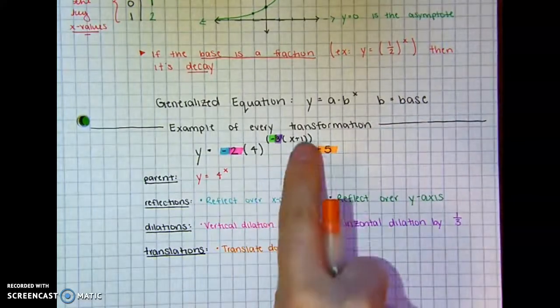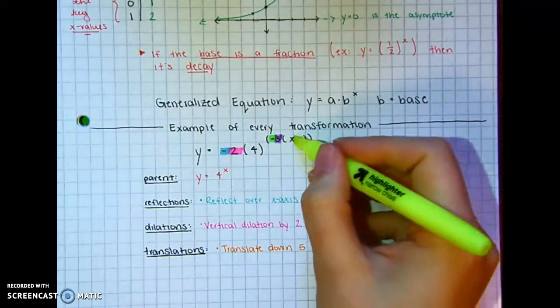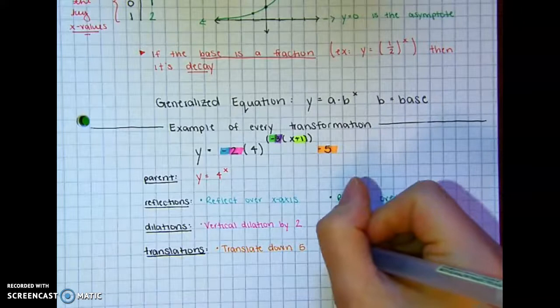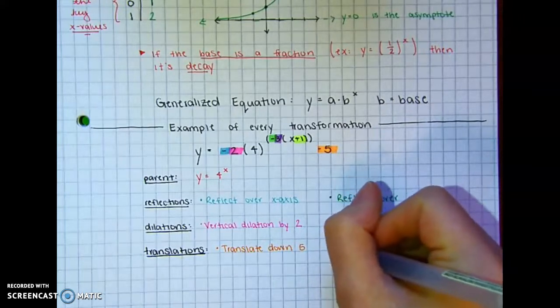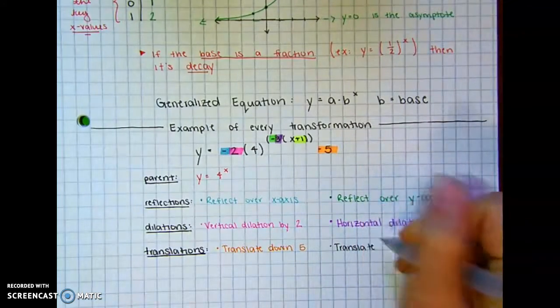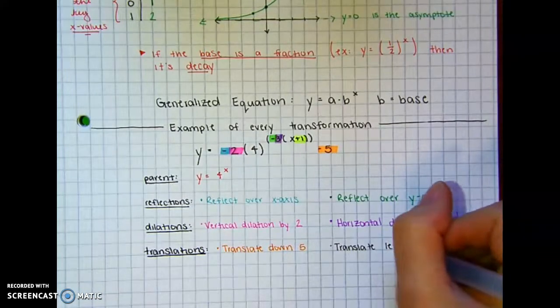But then when it's affecting the x values, we are translating not right, but left, because it's the opposite.